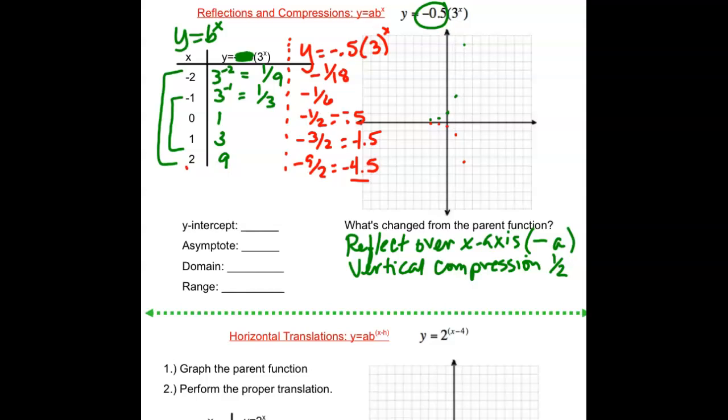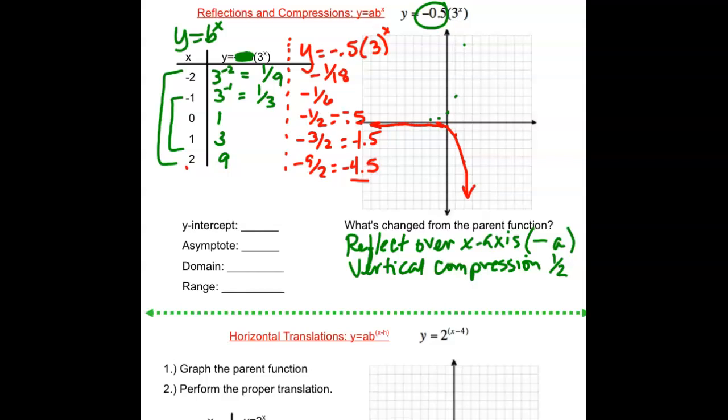Okay, so we are curving up this time and approaching that x-axis from right underneath. All right, let's get this moved down a little bit there. It should be right under your x-axis.